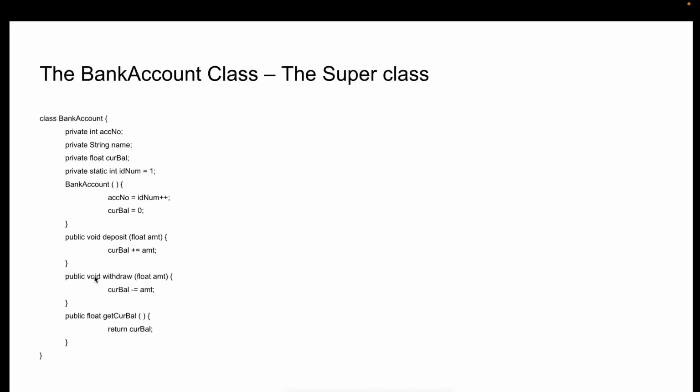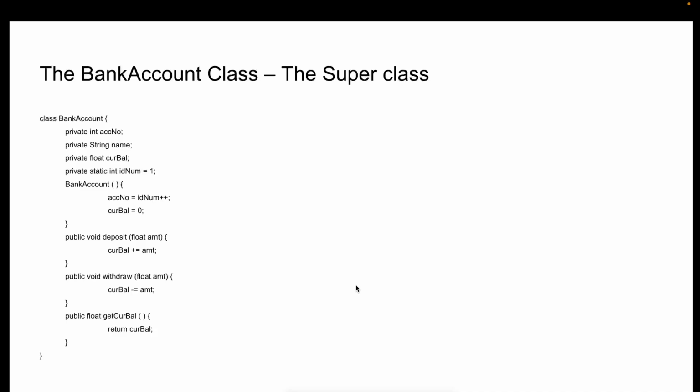Void means no return type or empty return type. We can use float, double, string based upon our requirements. If our method is returning a string, we will use string before the method name. That depends upon the data that we are returning.